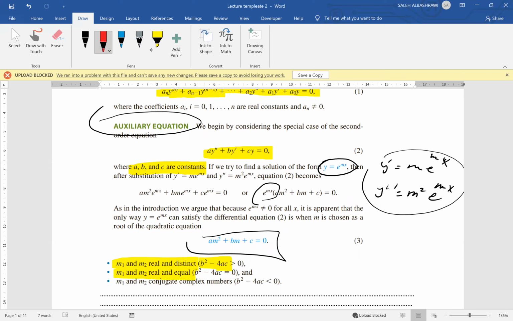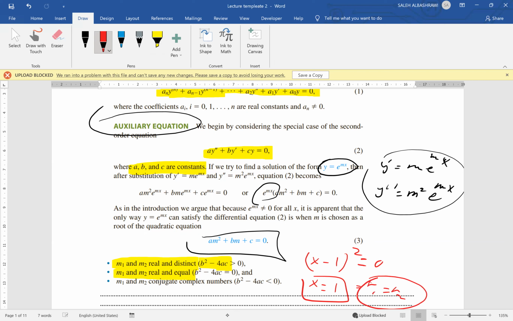It's like when we say (x minus 1) to power 2 equal to 0, then I have x equal to 1. This is the root for this equation. But since it is a quadratic, I can say x equal to 1 is equal to r1 and r2.